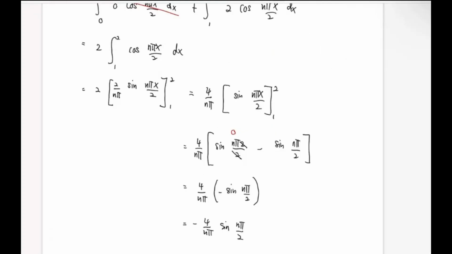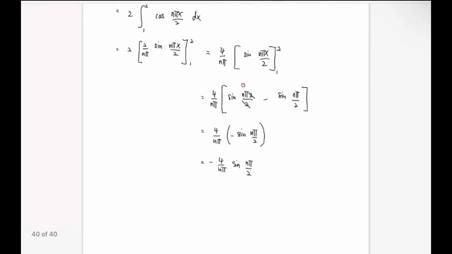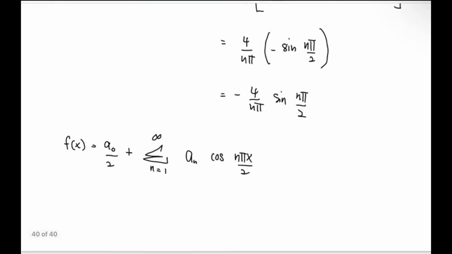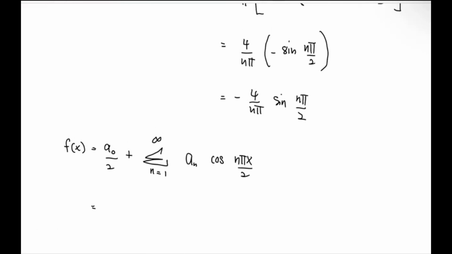So we know a naught, we know an, so substitute into the equation. f(x) equal to a naught over 2 plus, summation from n equal to 1 to infinity an cos n pi x over 2. So a naught, what is our value of a naught? A naught is 2.